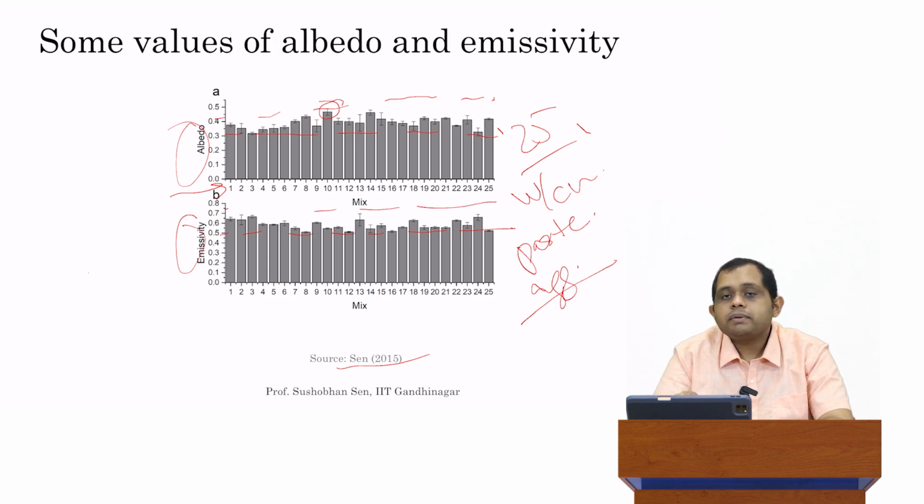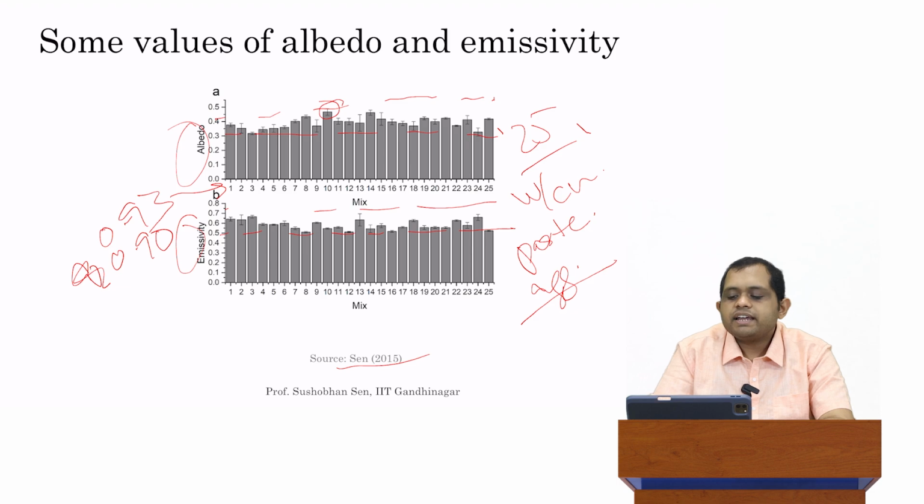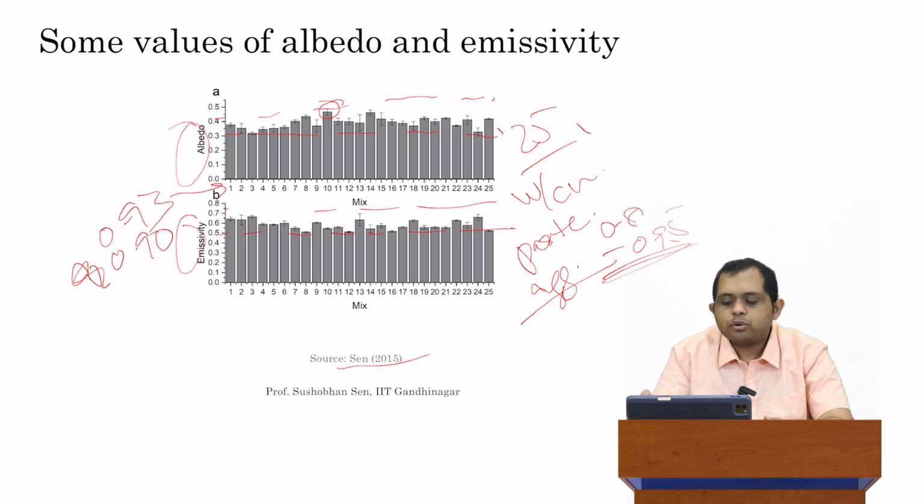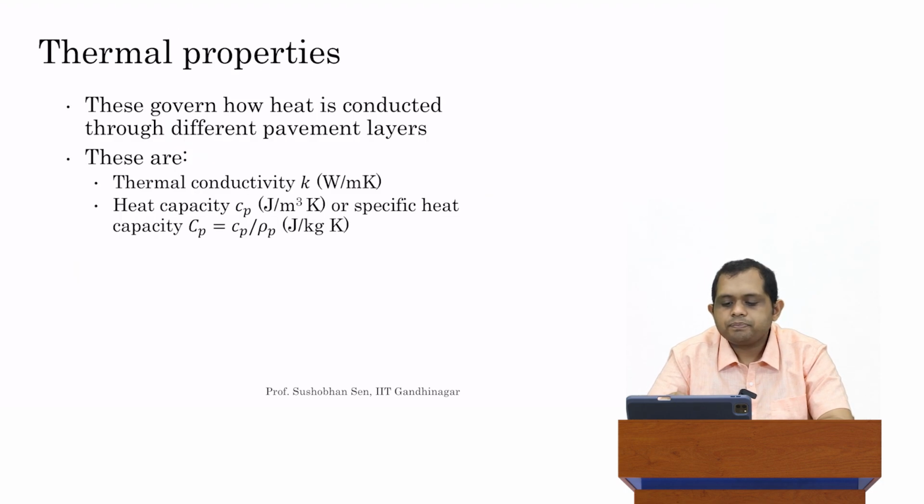But in literature, people have specified that they've measured something like 0.93 or 0.9. So that's why the range I gave here was 0.8 to 0.95, but there's quite a lot of variety in the values reported in literature. And there are also some shortcomings in terms of how far in the infrared region you can measure these values. So that just shows you what are the typical values of these materials.